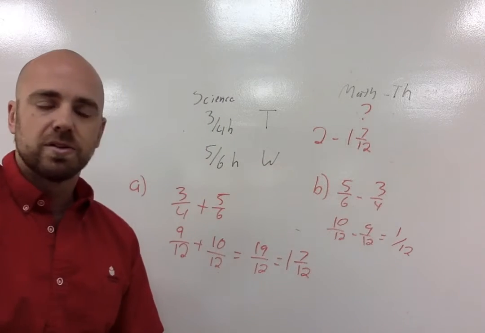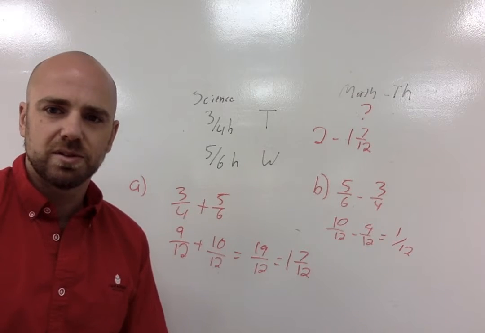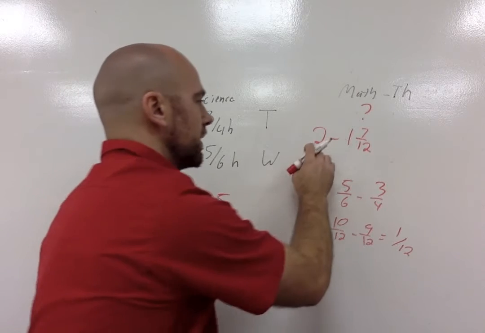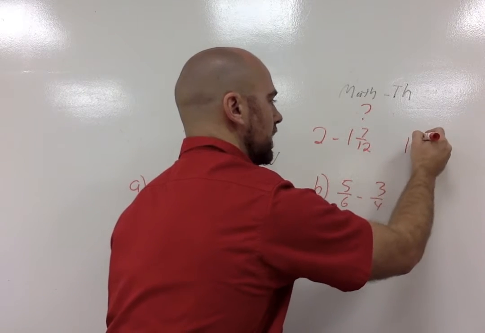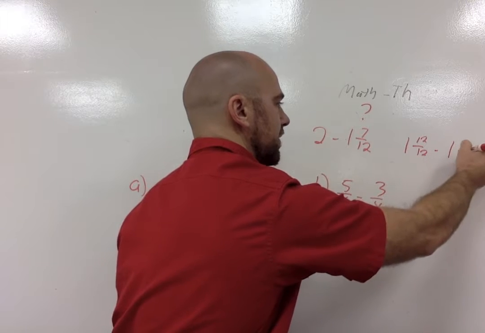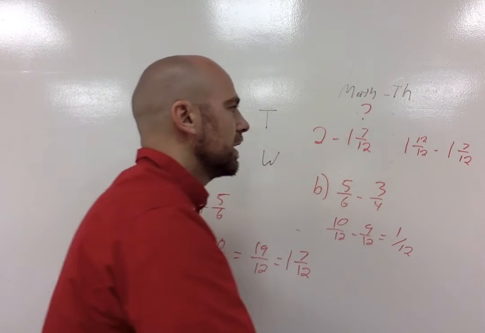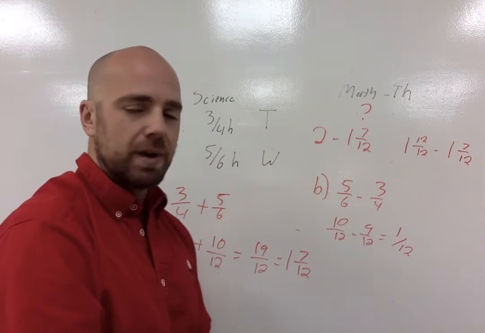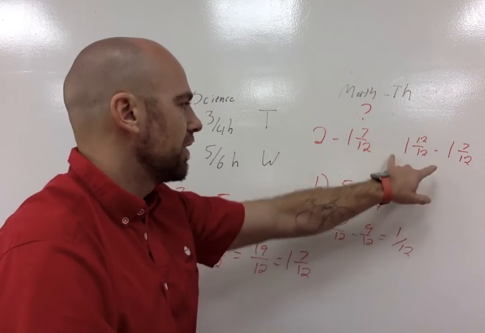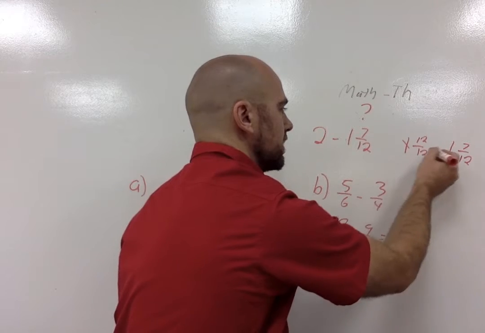All right. So what we can actually do, similar to previous, is borrow. So we can borrow from here. So we can say 1 and 12/12 minus 1 and 7/12, okay? So we can do kind of a couple options here. We can subtract the whole number. So 1 minus 1 is going to be 0.